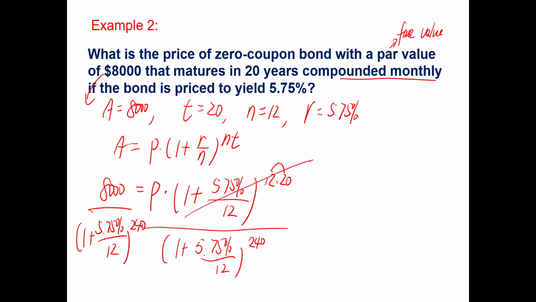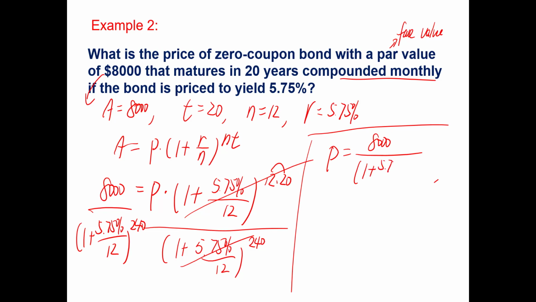So we cancel this, and the present value is by itself. So P is equal to 8,000 over 1 plus 5.75% over 12 raised to the 240 power.